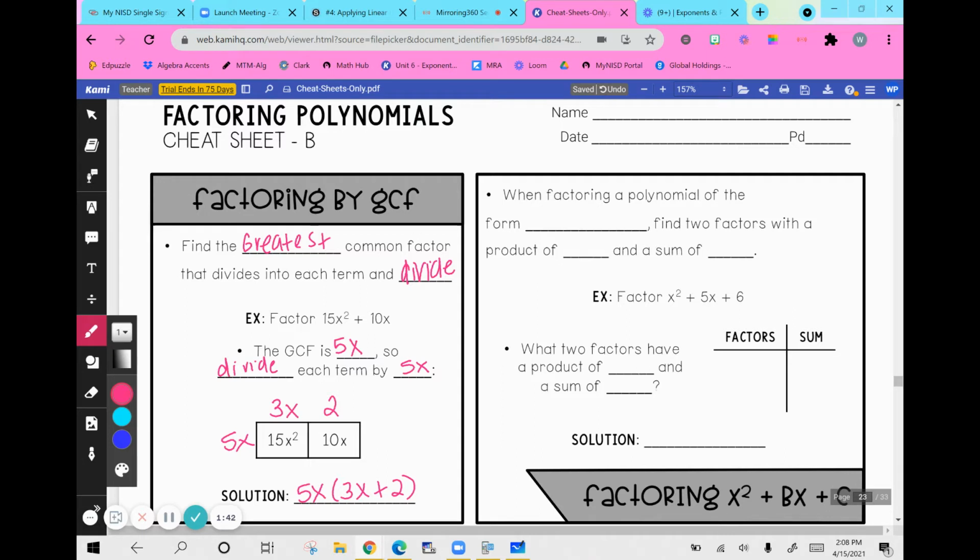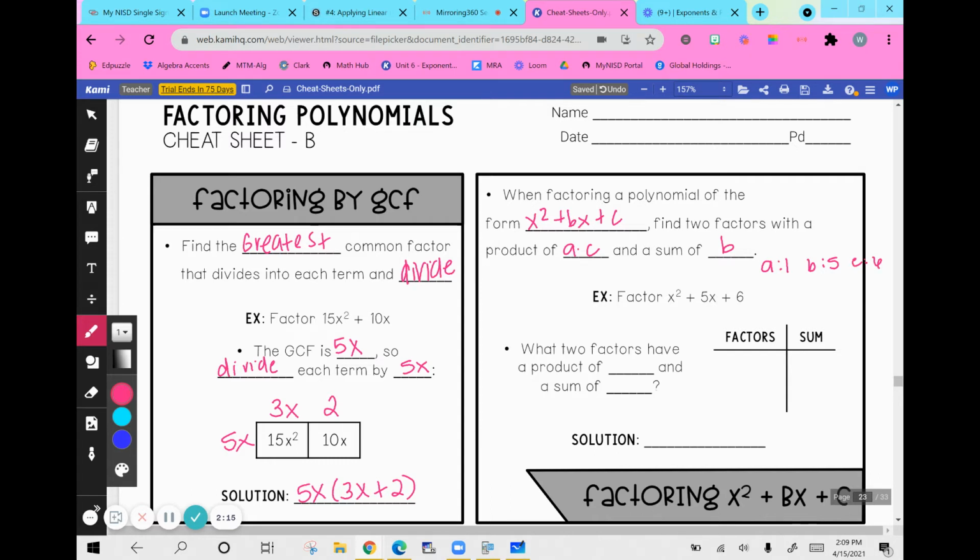When factoring a polynomial of the form x squared plus bx plus c, you want to find two factors with a product of c. It's actually a product of a times c and a sum of b. So we want to factor x squared plus 5x plus 6. The first thing that I do is find my a value. A is 1, b is 5, and c is 6.